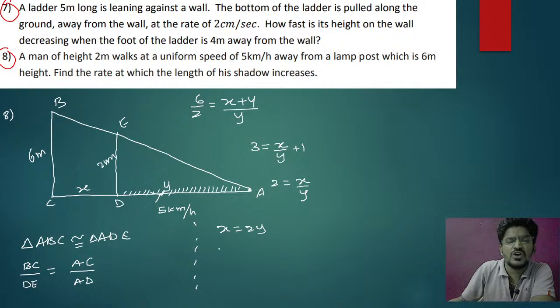Now the rate of change of X, that is dx by dt, will be equal to 2 into dy by dt.